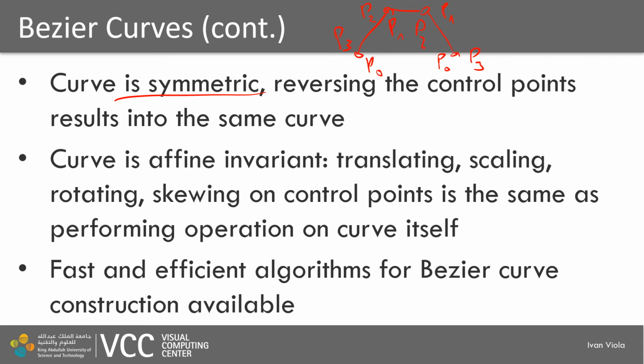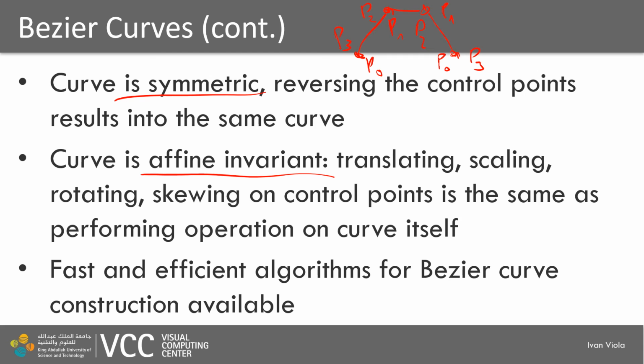The curve is also affine invariant, which means that if we now take the control polygon and transform it, scale it, rotate, and skew it, the same operation is performed on the curve itself. So imagine that we take a control polygon, create a Bezier curve out of it, maybe as an approximation of very, very small linear intervals.